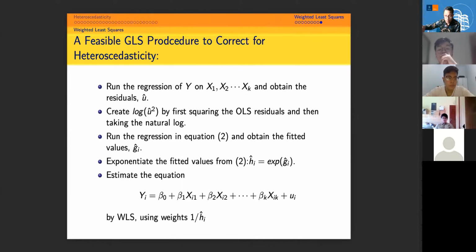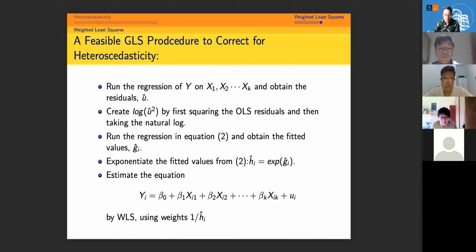You run the regression of y on x1, x2 until xk, calculate the residual, take the square of the residual. Okay. And then after you calculate the squared residual, take the log transformation. Okay. And run the regression in equation 2 and obtain the fitted values g hat.